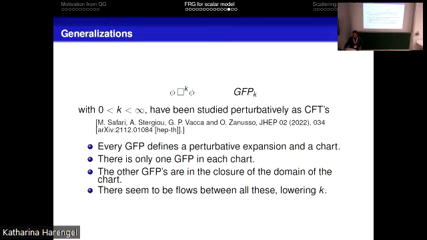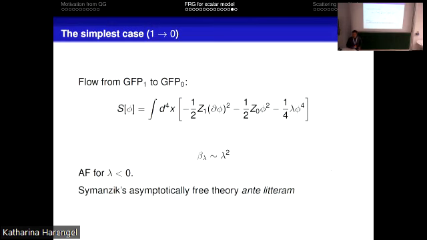And I want to mention that there's also a familiar story, which is the flow from k equal to 1 to k equal to 0 that you know actually already. So GFP1 is the Gaussian fixed point with 2 derivatives. And GFP0 is just the free theory that has only a mass term. So there's no propagation, there's just a mass. You can flow between them with this quartic coupling.